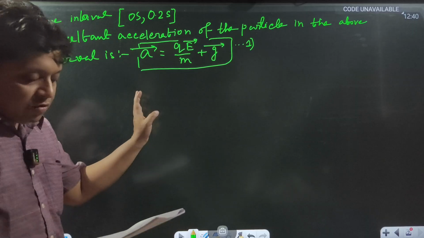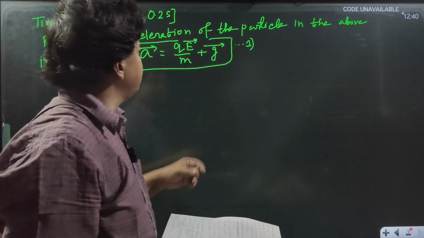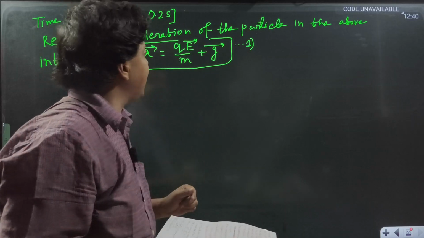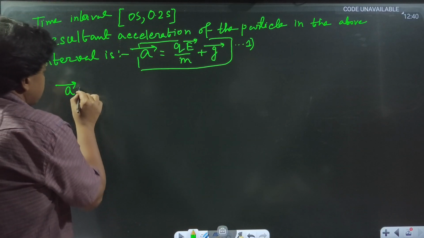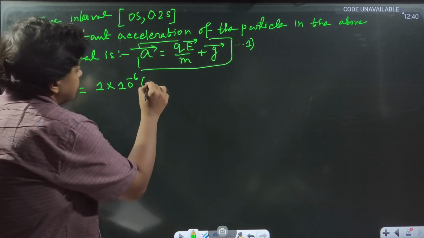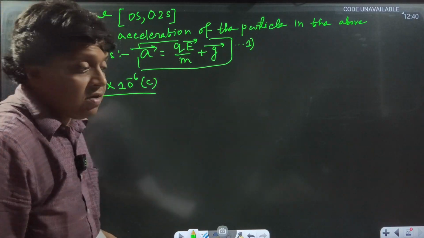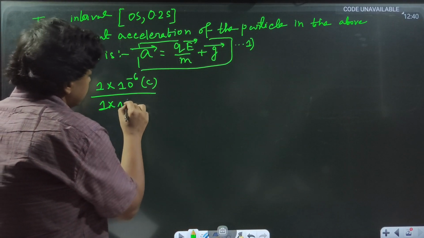This will serve as equation number 1. This is quite simple. This should be known to everybody. The electric force is Q into E vector. So divided by the mass of the particle, it gives us the acceleration, and g vector was always there. Its charge was 1 microcoulomb and its mass was 1 milligram, a data value which many students can make a mistake about. So you have to convert that into kg.